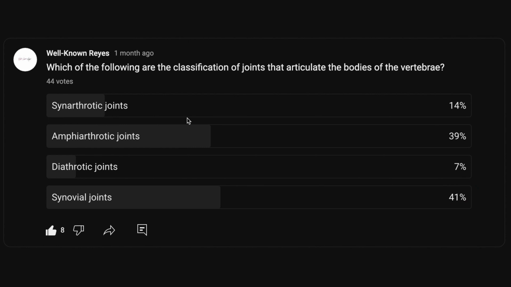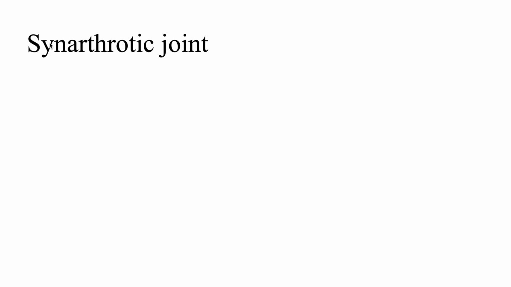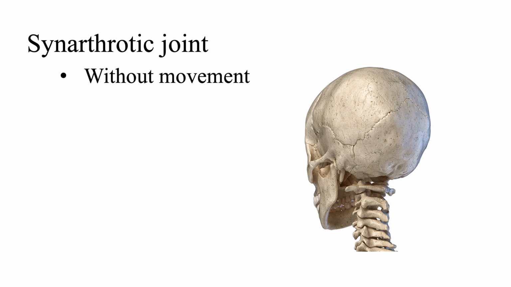Now, in order to get this answer, we need to make sure that we understand the classifications of joints. The very first one we have are synarthrotic joints, and these are the joints without movement. An example of this is our skull. These joints that articulate the skull bones are synarthrotic joints. They are without movement, which makes sense because these joints are protecting our brain. We don't want those joints moving around.